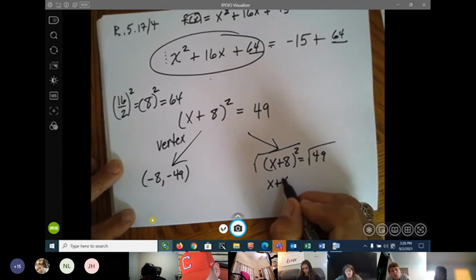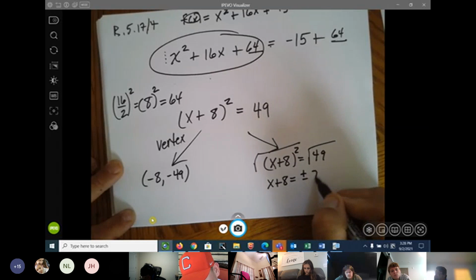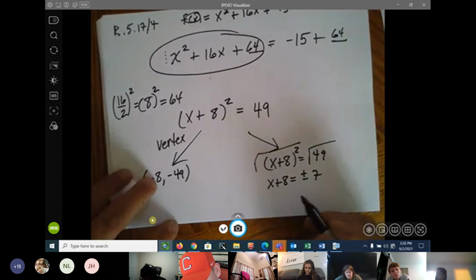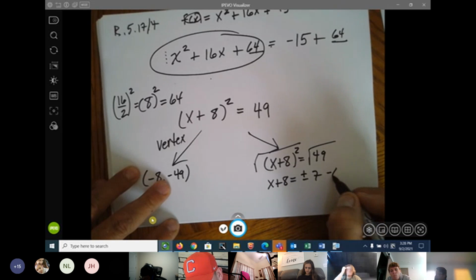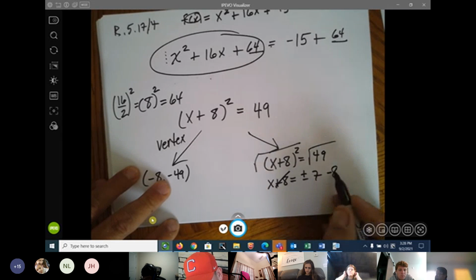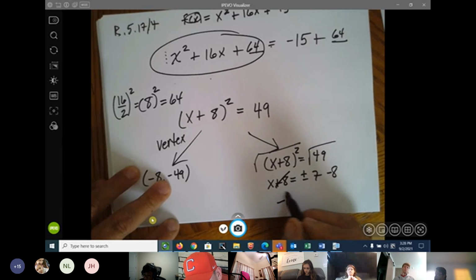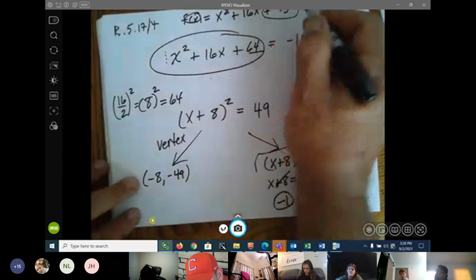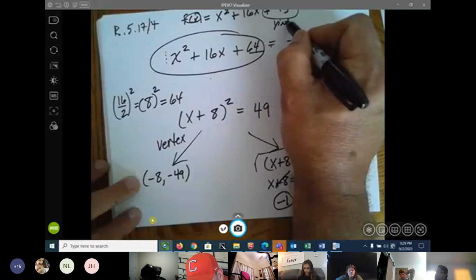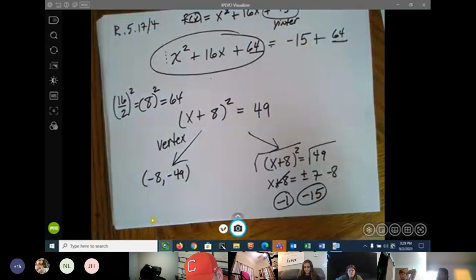X plus 8 is equal to positive or negative 7. So therefore, the x-intercepts: negative 8 plus 7 is negative 1, and negative 8 minus 7 is negative 15. We got a y-intercept of 15. So now we've got 4 points.